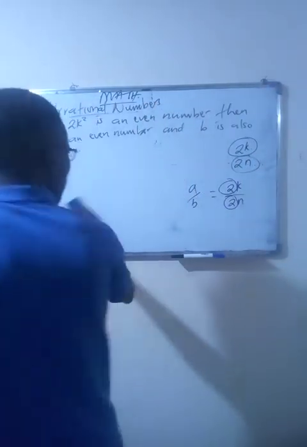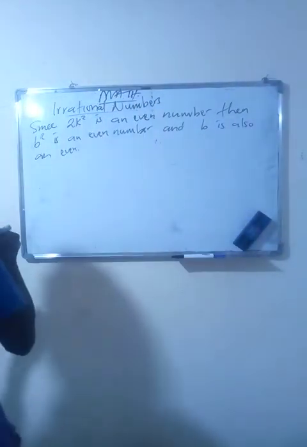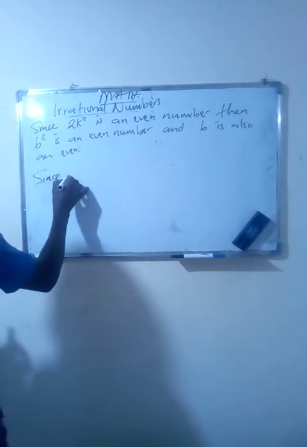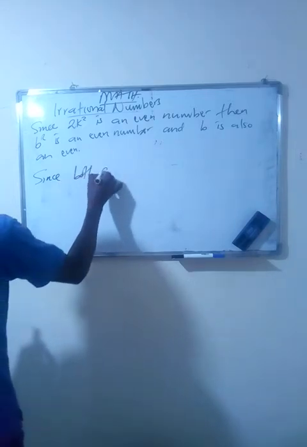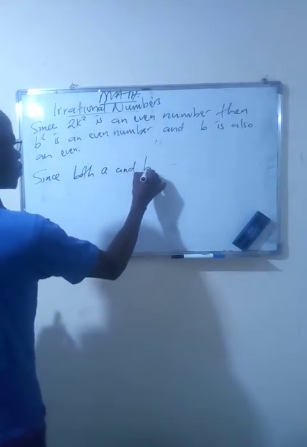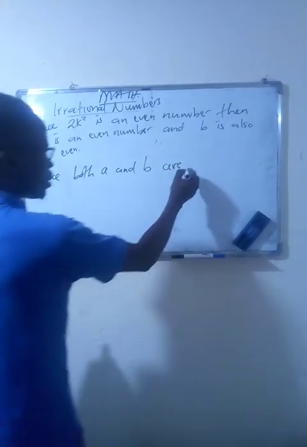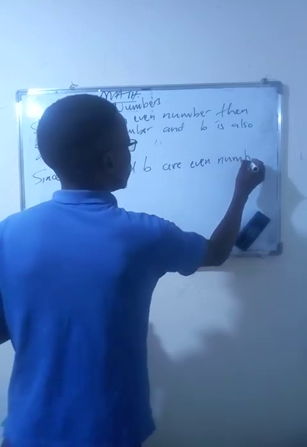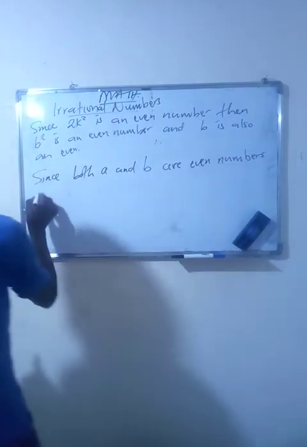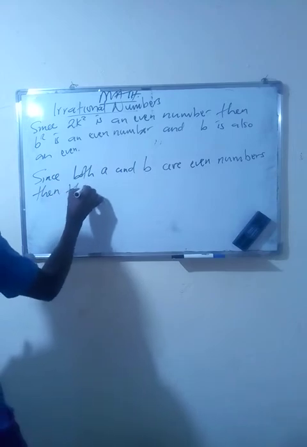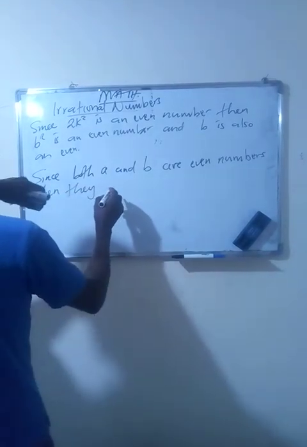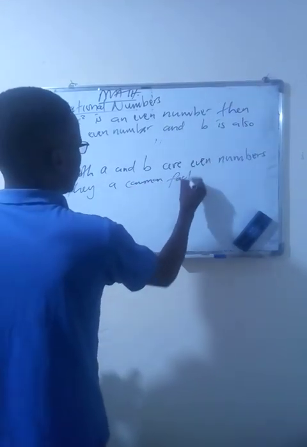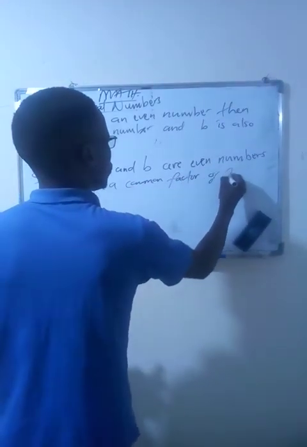All right, so let's write that. We're saying that since both a and b are even numbers, then they have a common factor. They have a common factor of 2.